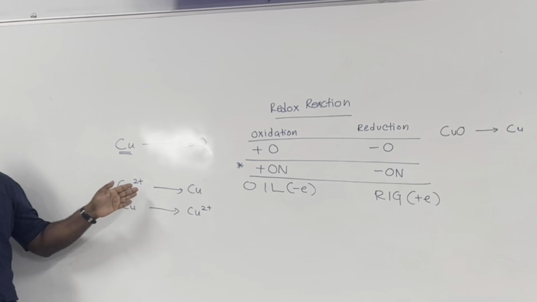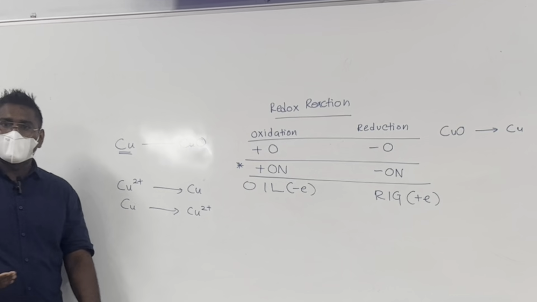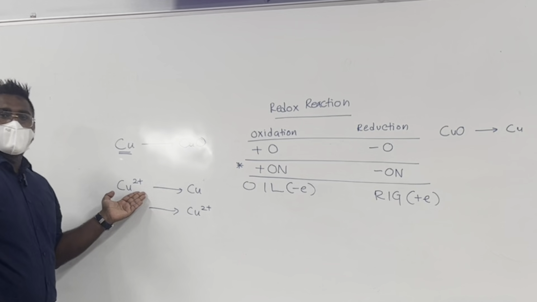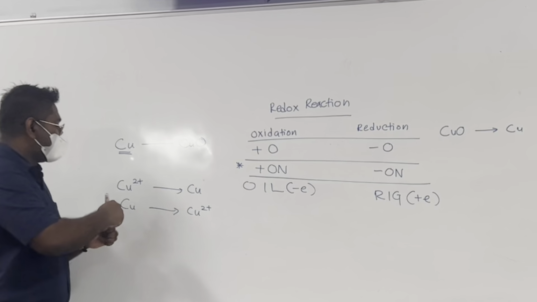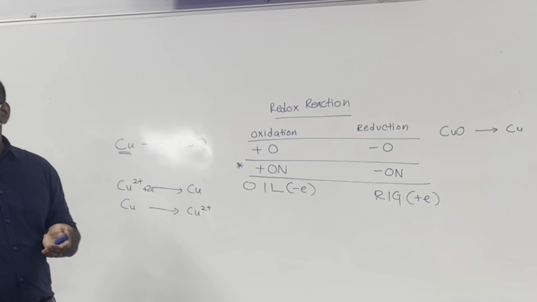How do you get from Cu2+ to become Cu? Is it gaining electron or is it losing electron? Gain, yeah. They already lost electron, they must gain electron, so they gain 2 electrons, so they will get copper.